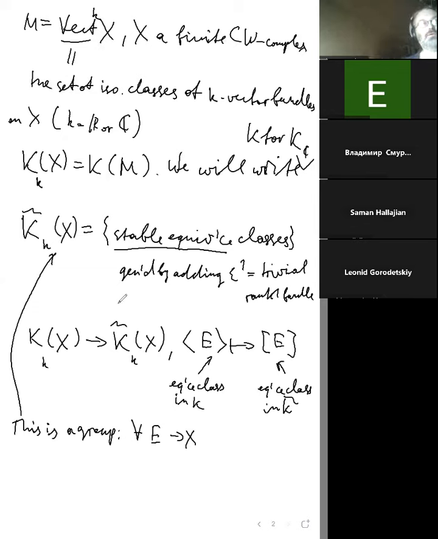Okay, so we need to prove that this is a group, and this follows from the following construction.